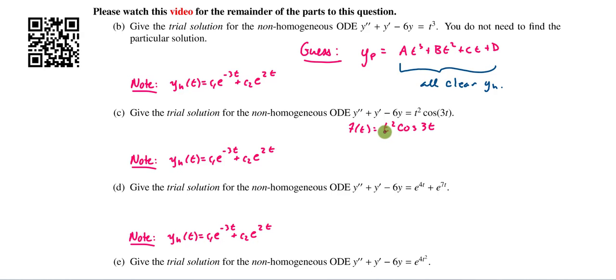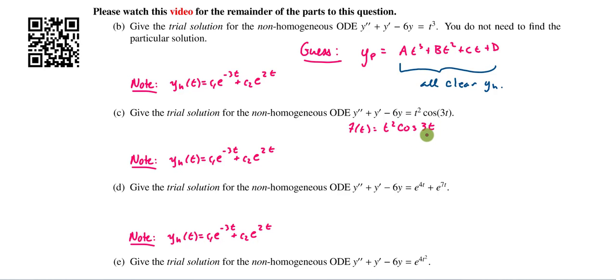And so if I think about taking the derivative of t squared cosine 3t, there's a few other functions that could show up. For example, when I go to take the derivative of this and I do the product rule, I'll get a linear function the first time I do the product rule for one of the two factors, but I'll also get a sine function.